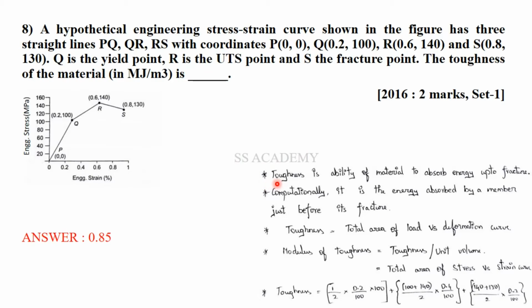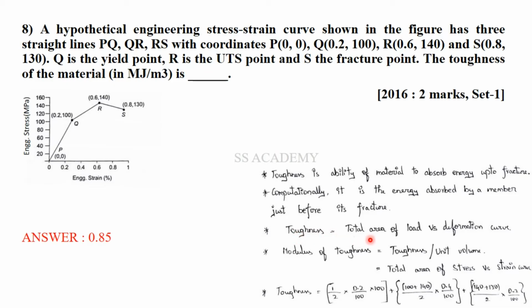We must know toughness is the ability of a material to absorb energy up to fracture, but computationally it is measured as the energy absorbed by a member just before its fracture. So just by determining the strain energy absorbed by a member just before fracture, we can find the toughness of the material.